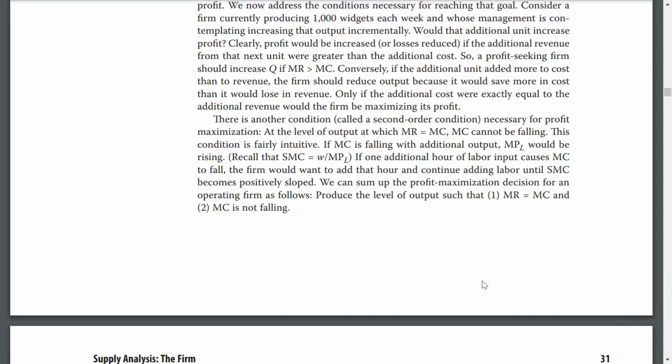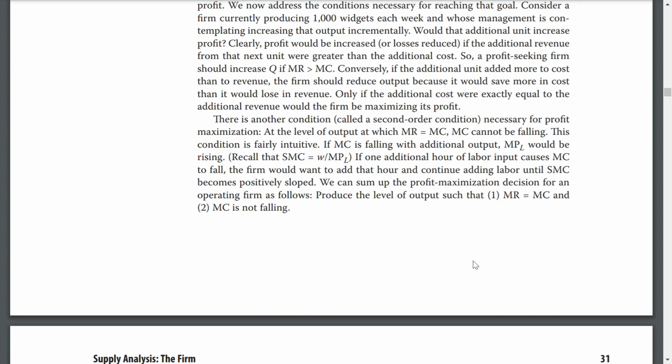Recall that SMC is equal to W divided by MPL. If one additional hour of labor input causes marginal cost to fall, the firm would want to add that hour and continue adding labor until SMC, the short-term marginal cost, becomes positively sloped.